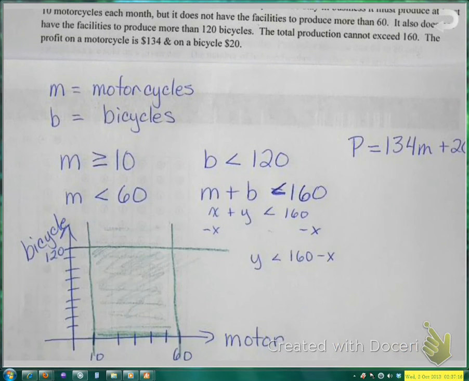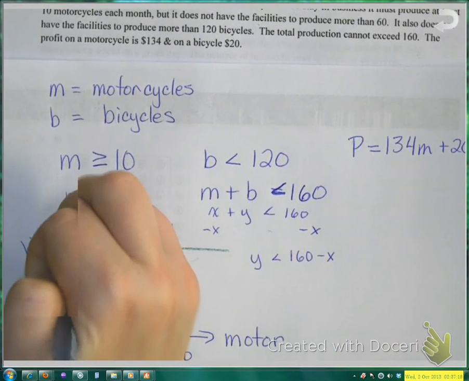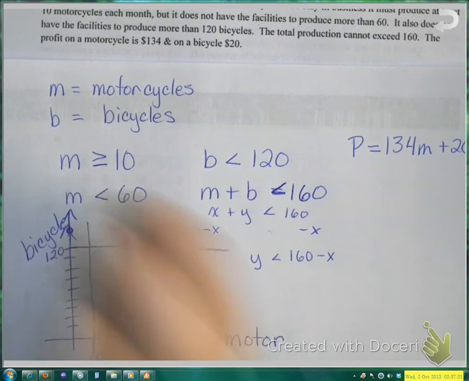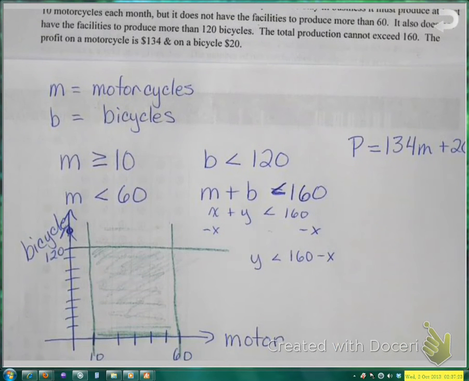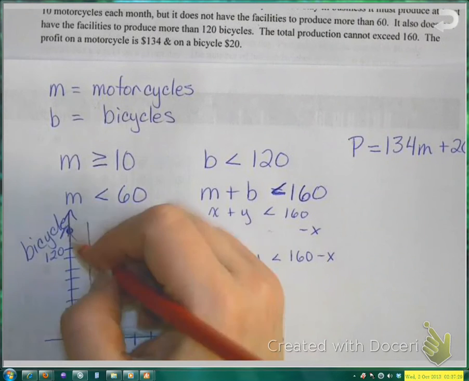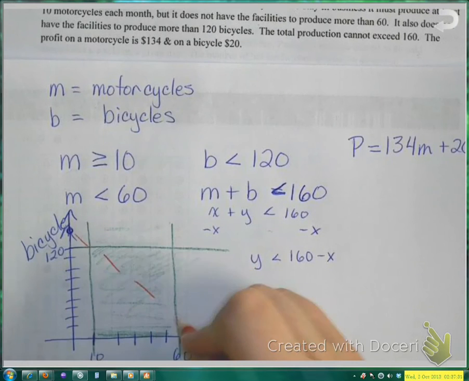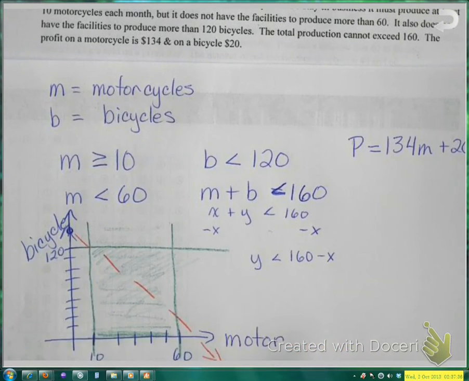So I would come up here to 160, right? And my slope is going to be negative 1 over 1. So we would draw a line, negative 1 over 1, all the way down the graph. Okay? Now it says less than, so I know that I'm going to be in this region right in here.